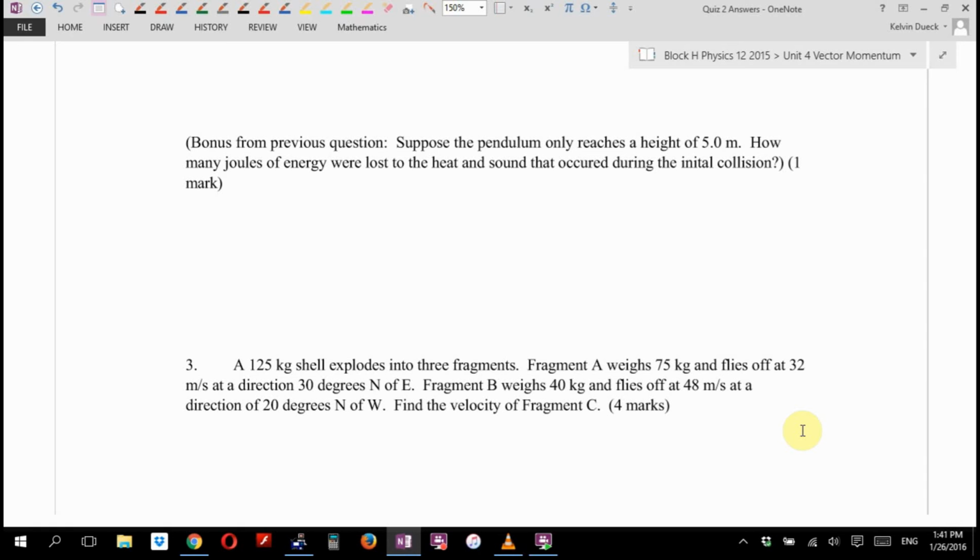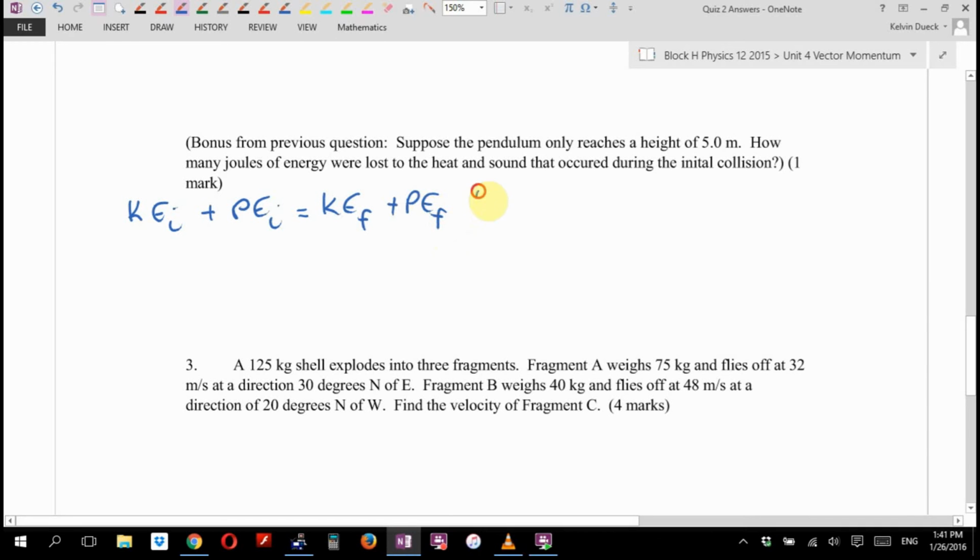Bonus from previous question. Suppose the pendulum only reaches a height of 5 meters. How many joules of energy were lost? Oh, you know what? I think this is still the same, but now I'm going to add heat.